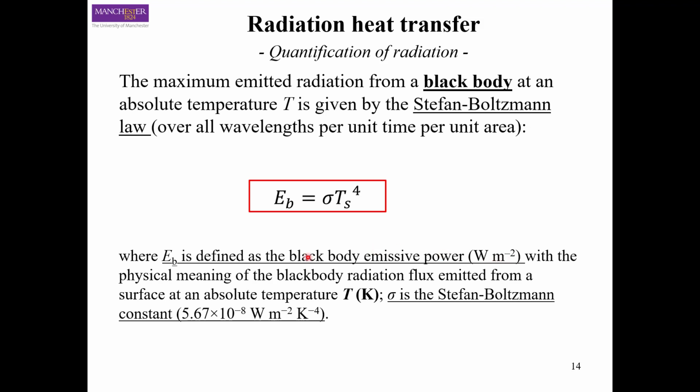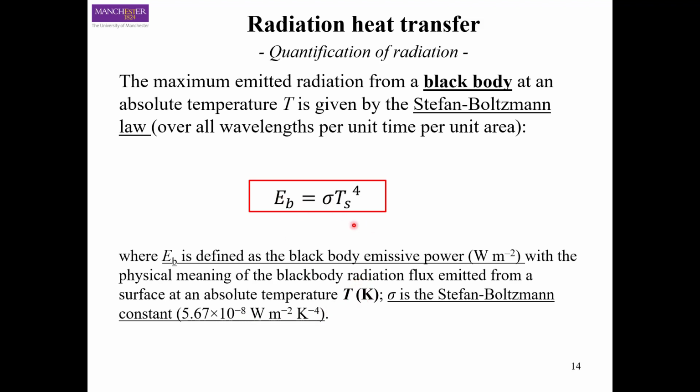Sigma is a constant with the value 5.67 × 10^-8 W/m²K⁴, and Ts is the absolute temperature of the object.